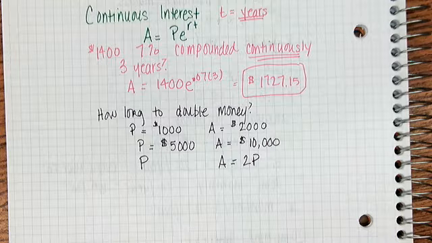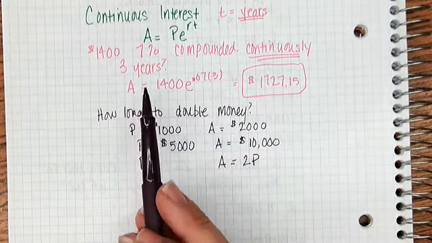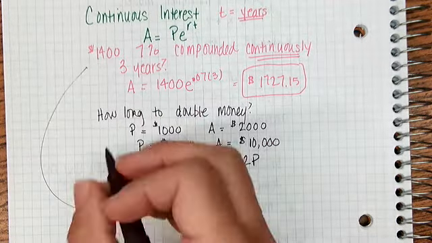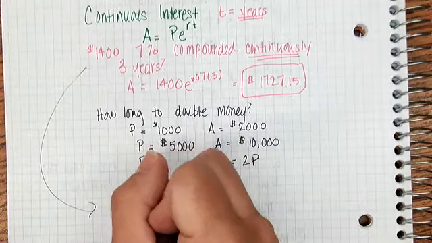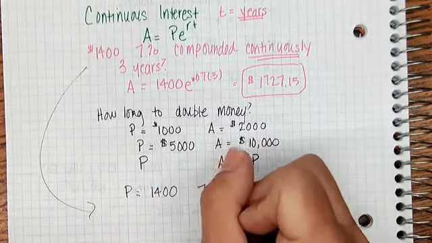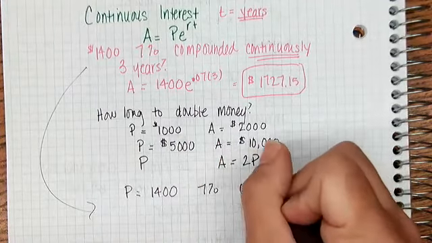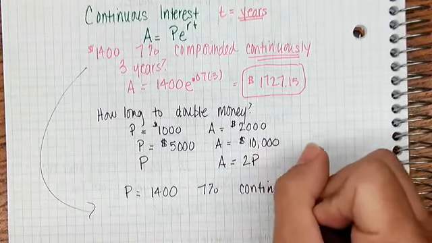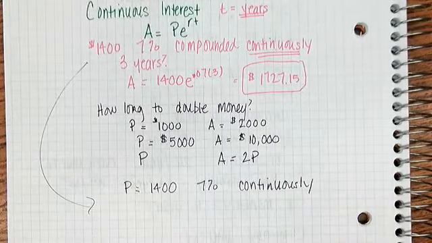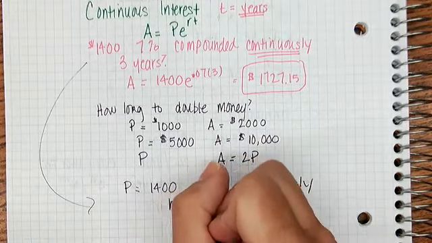So let's just say I have an interest rate of 7%. Let's just go back. I have 1,400, and the interest rate is 7%, and it's going to be compounded continuously. So I'm just using the previous problem. But instead of asking how much am I going to have after 3 years, this time I want to know how long to double my money.